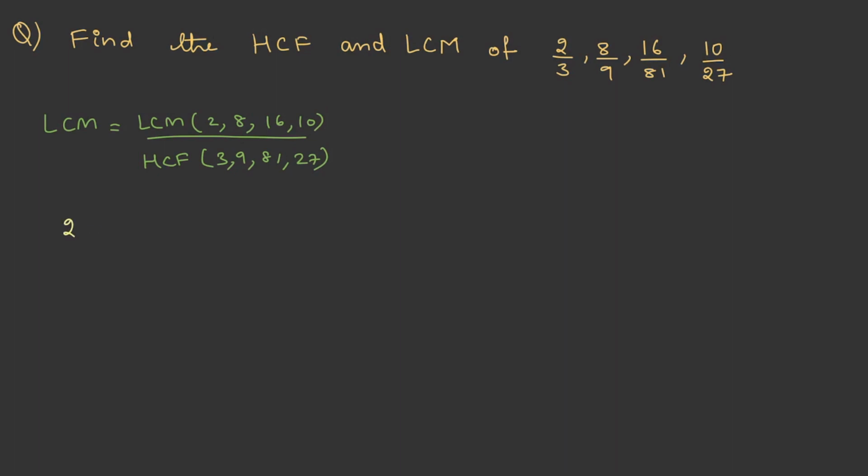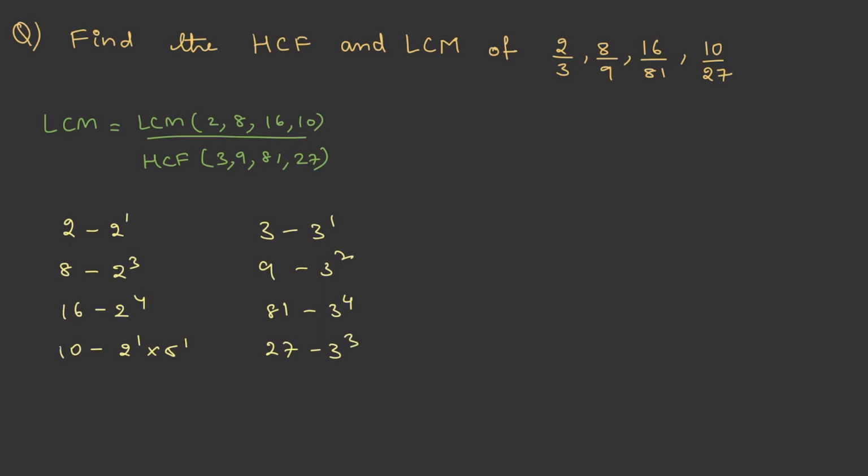Numerator first: 2 is 2 power 1, 8 is 2 power 3, 16 is 2 power 4 and 10 is 2 power 1 into 5 power 1. Denominators: 3 is 3 power 1, 9 is 3 square, 81 is 3 power 4 and 27 is 3 power 3.